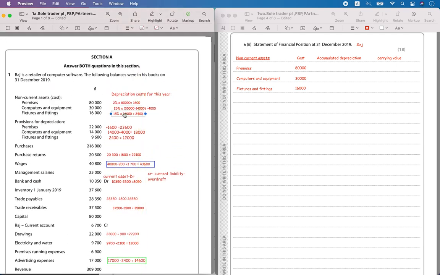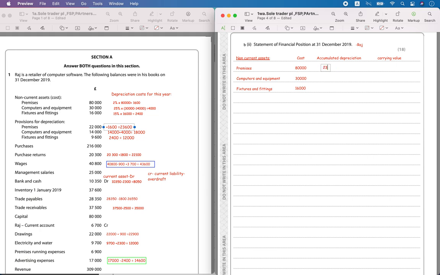Now the accumulated depreciation is 22,000 plus 1,600, which is 23,600. Then we have the computer equipment, which was 14,000 plus this year's depreciation of 4,000, giving us 18,000. And then fixtures and fittings, which was around 9,600 plus 2,400, giving me 12,000. So these are the total accumulated depreciation costs for the non-current assets.